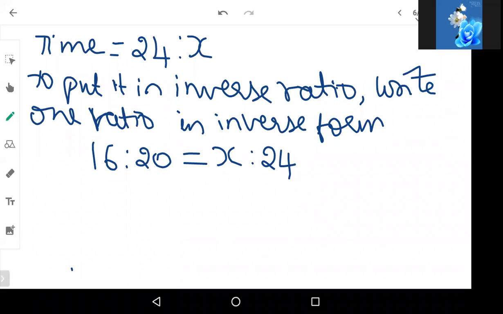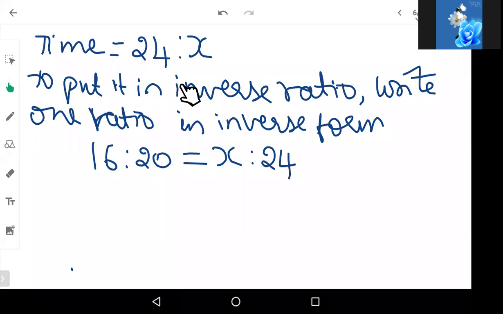Did you all understand? So that is why you have to define the type of proportion that we are using. Did you all understand this or not? The time, the distance ratio or the speed ratio is taken as it is, 16 is to 20. But if you see the time ratio, it is taken in an inverse form.